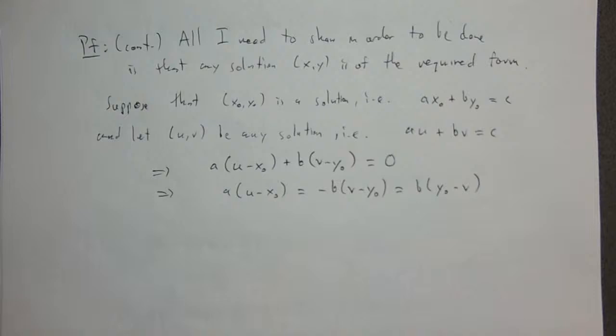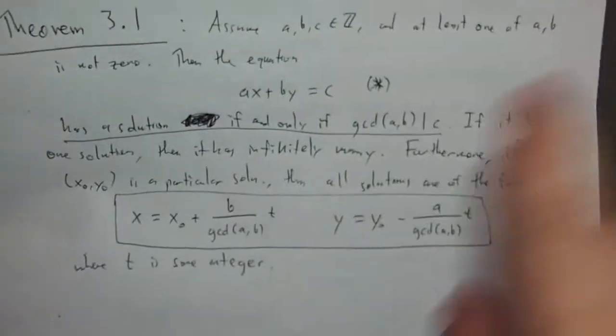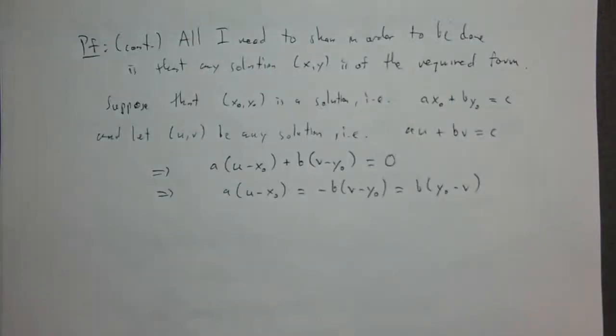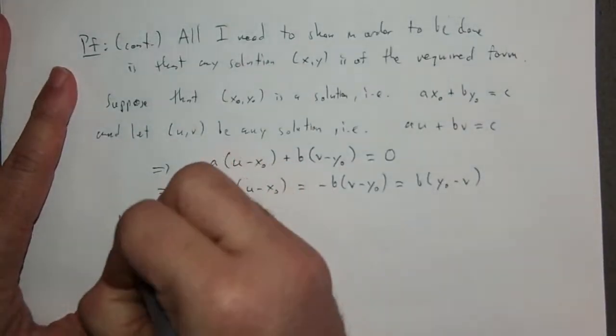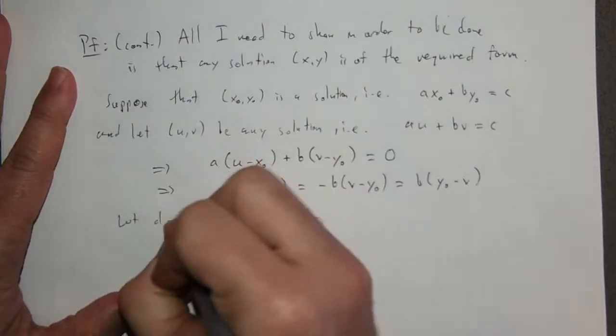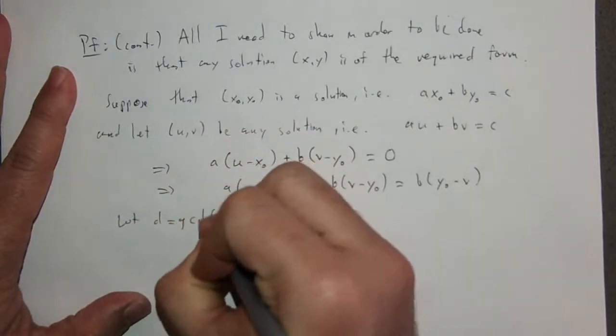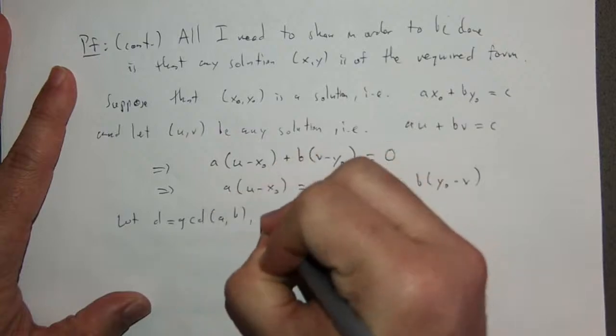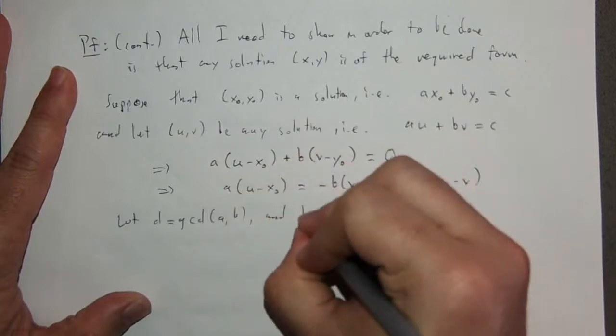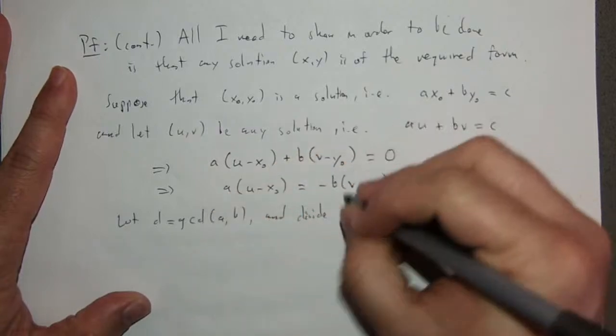So now looking at this, I'm almost where I want to be. To see that, let d be the gcd of a and b, and divide both sides by d.